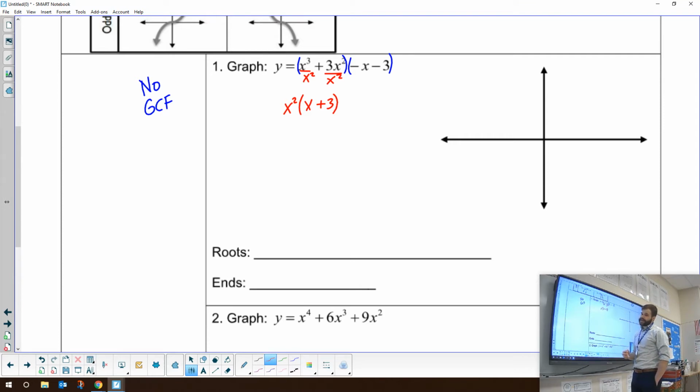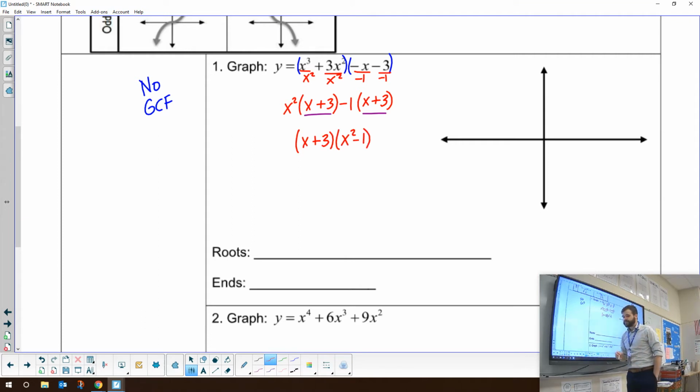And I don't want it to be negative, so I'm going to pull a negative 1 out of both of these. So we're going to have a negative 1 in front times negative x divided by negative 1 is a positive x. Negative 3 divided by negative 1 is a positive 3. So we have these two in common. We can pull that out to the front. We have x plus 3 times x squared minus 1.